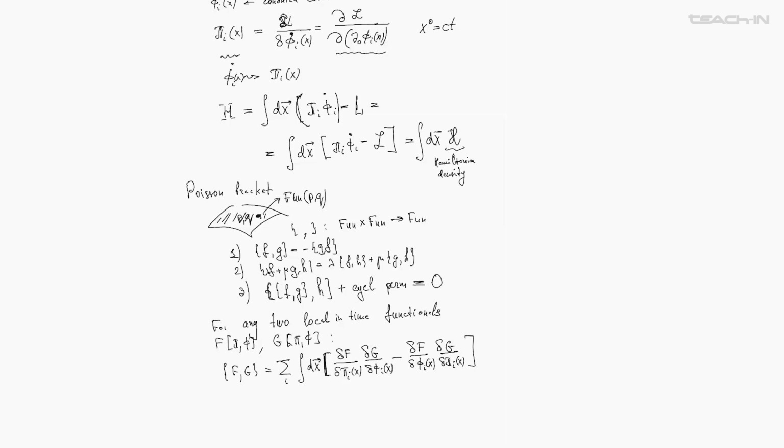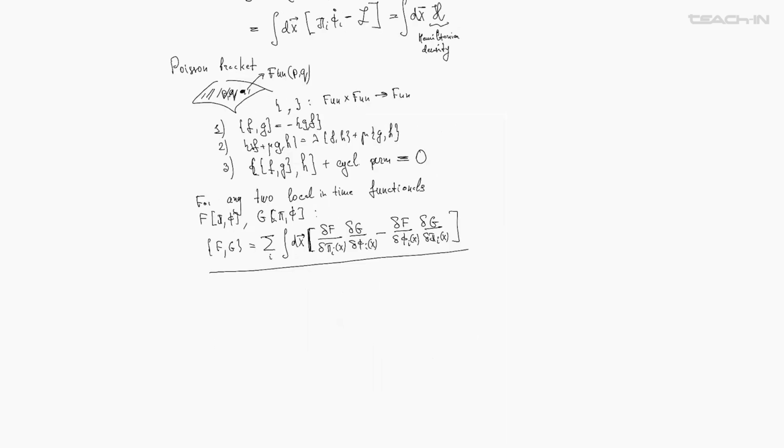Now you can go on with this definition and compute the Poisson brackets between coordinates on our infinite dimensional phase space, which are fields and their momenta. A simple exercise shows that if you take two fields at different space points and at the same time t, then the Poisson bracket between the fields is 0.